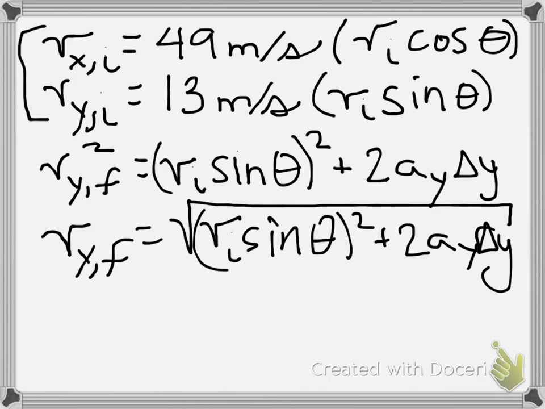Again, these just came from what Mr. Crosby did in class. Okay, this is that equation. Again, we did the square root here because this was squared, and so we had to take the square root of it.